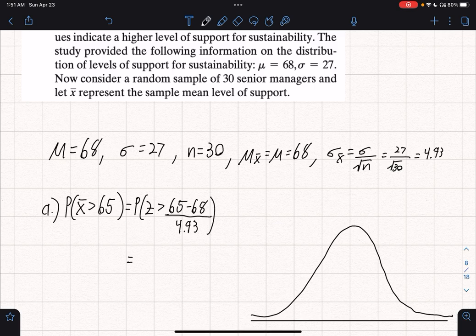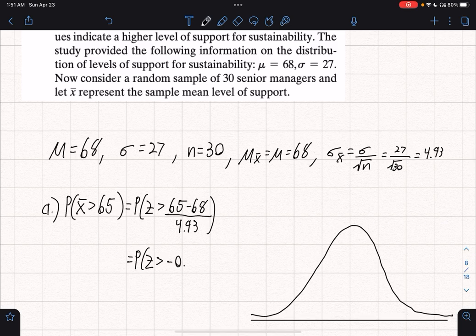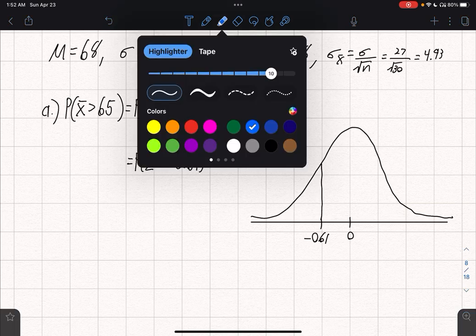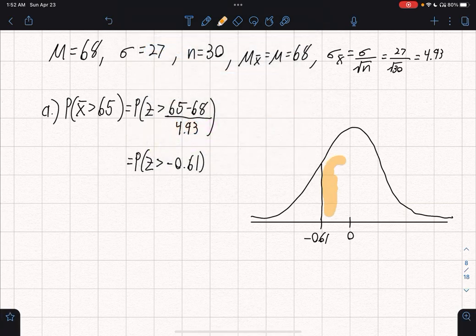So this is equal to the probability that z is bigger than negative 0.61. Okay, so this is centered on 0. Negative 0.61 is somewhere over here. And we want the area to the right of this value. So I want this area.